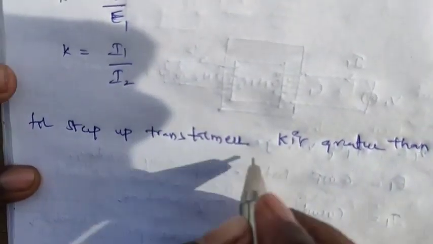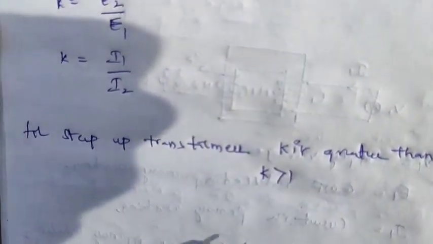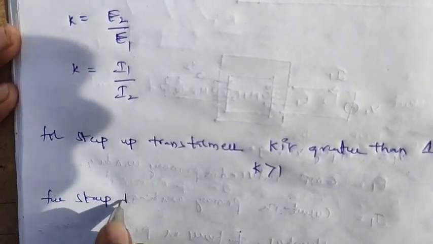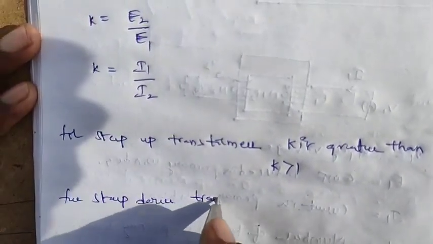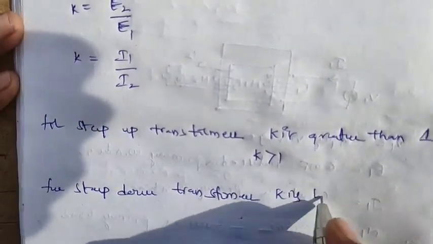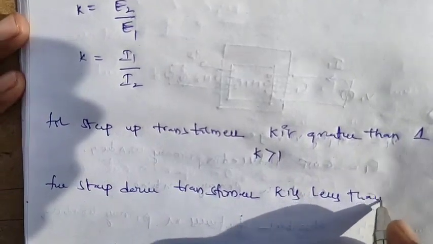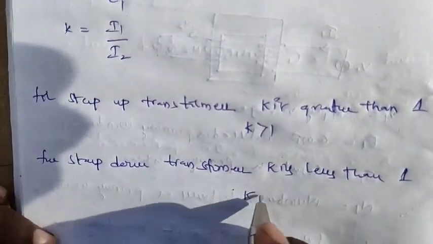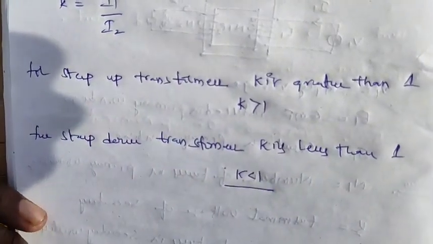For a step-down transformer, K is less than 1.